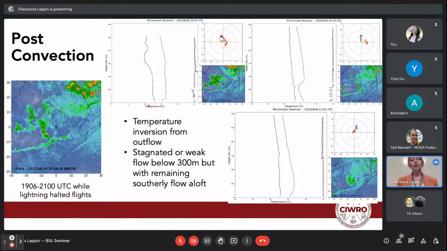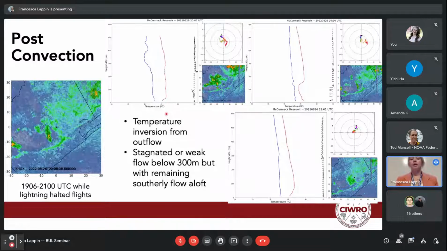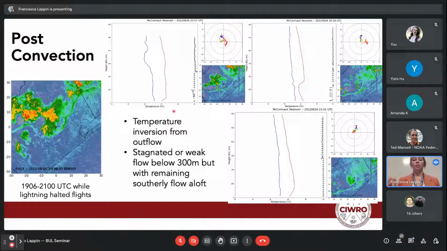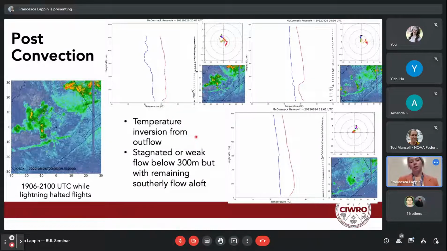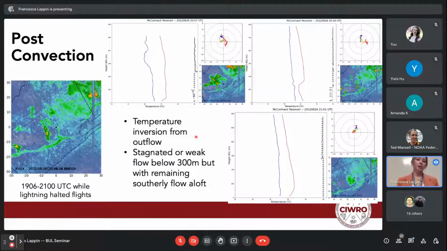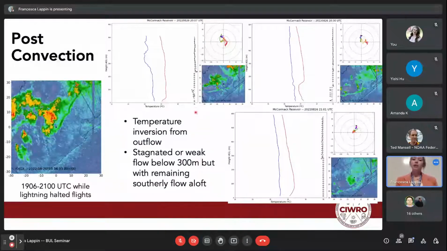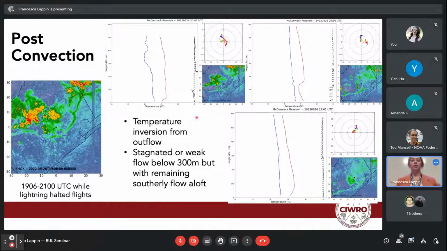And then afterwards, we have a temperature inversion and then an almost isothermal temperature profile with a little bit of variability in your dew point. But the flow near the surface was very weak.